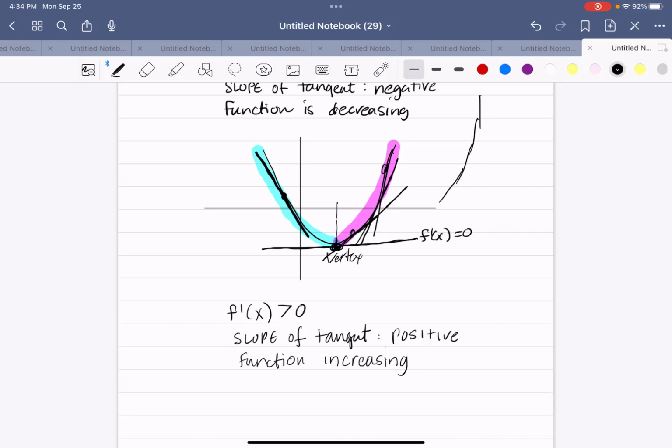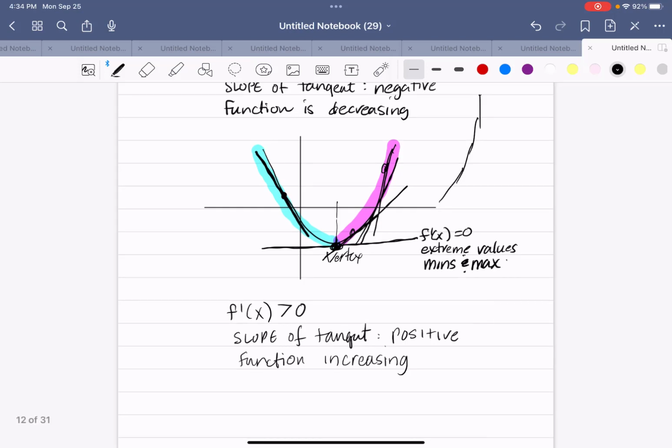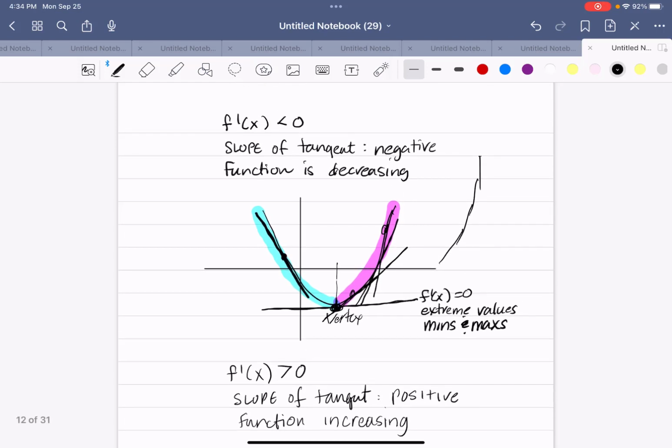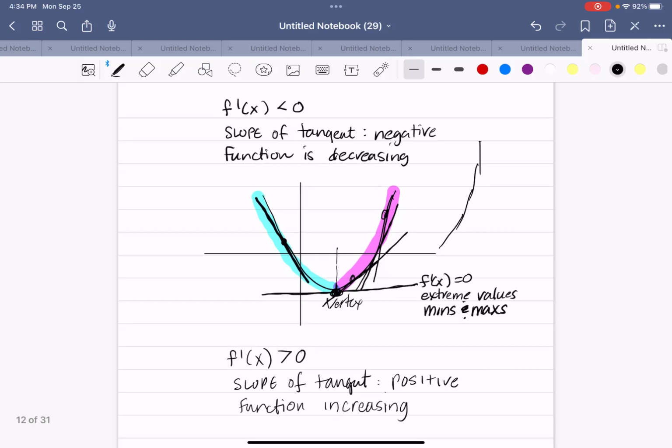And what we will learn is that this will tell us where we have our extreme values, our minimums and maximums. And that is what we'll cover in the next section. Okay, but for now, we just need to remember that if the derivative is negative, that means the function is falling or decreasing, and that if the derivative is positive, the function is rising or increasing.